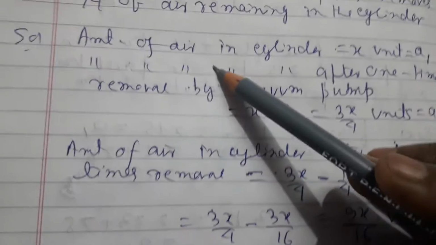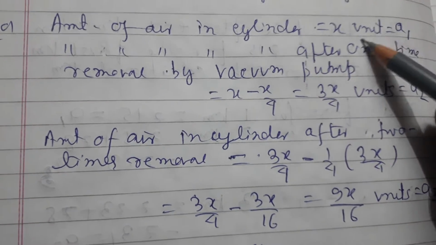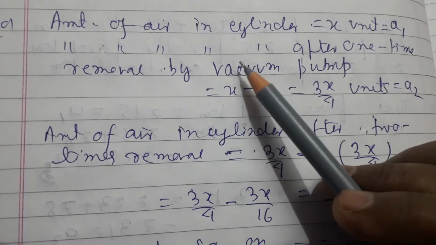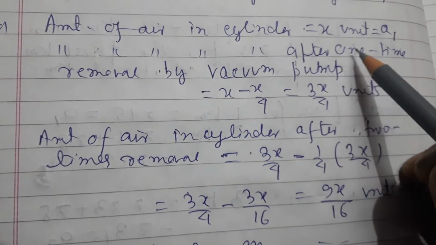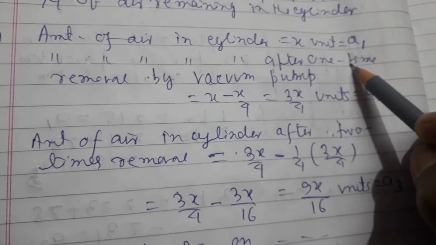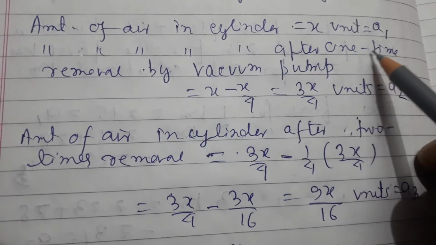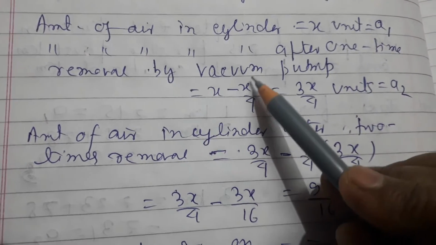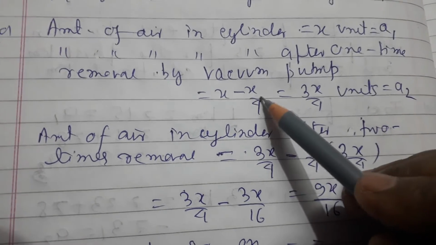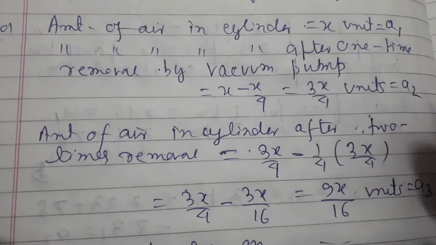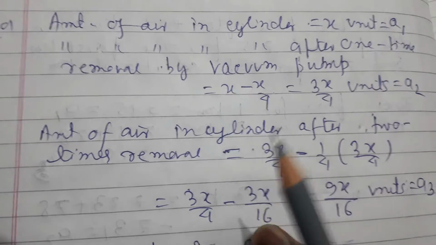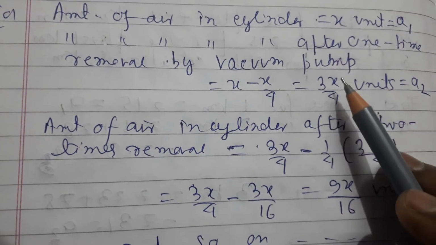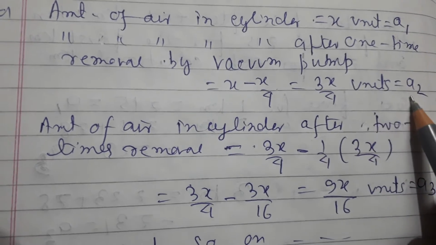Listen, amount of air in the cylinder equal to X unit, that is A1, and amount of air in the cylinder after one time equal to X minus X by 4, because 1/4 of the air is removed by one vacuum pump. So X minus X by 4 equal to 3X by 4 unit, which is A2.